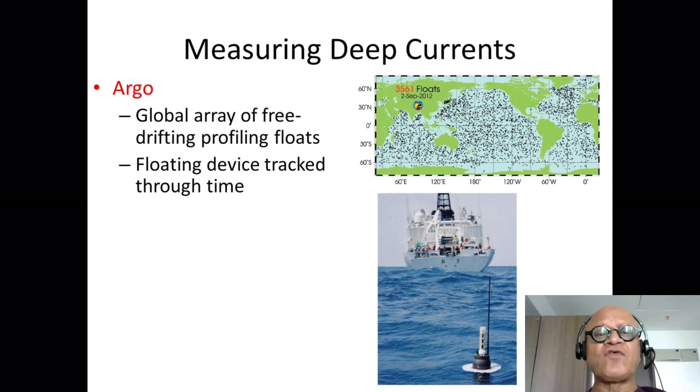So Argo, remember, go on the web, look for them. There are very nice animations of Argo. Okay, a beautiful concept that's now fully functional and producing very good data for oceanographers for monitoring not only ocean currents but also ocean heat content, which is very important for global warming, right?